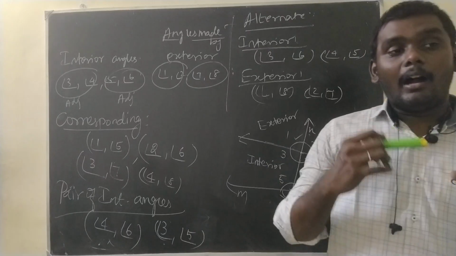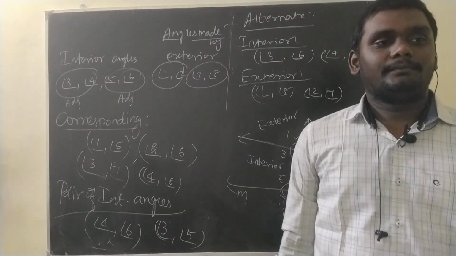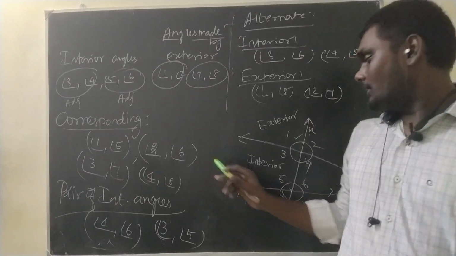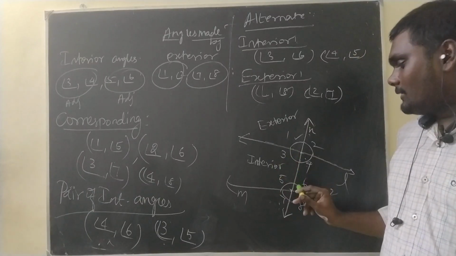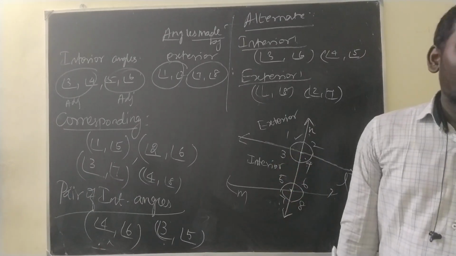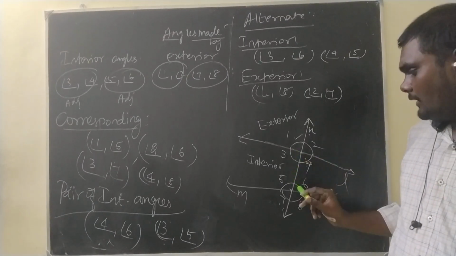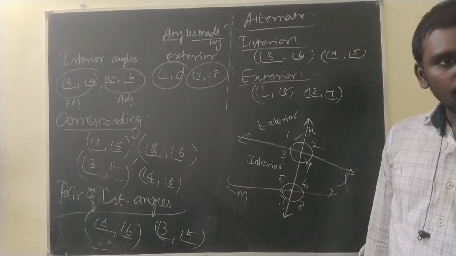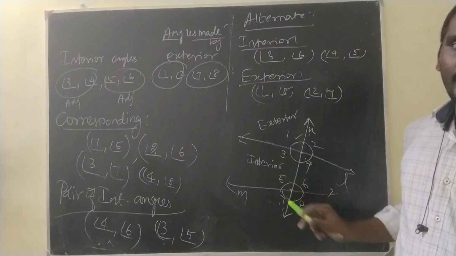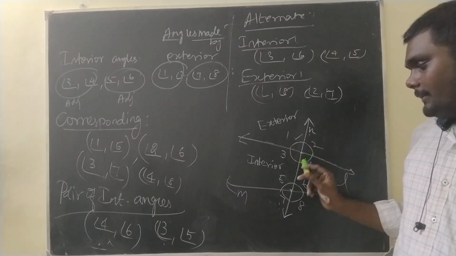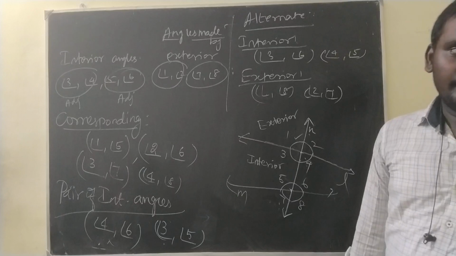And then alternate interior angles. In the interior, which angles are alternate? 3 and 6, and 4 and 5.